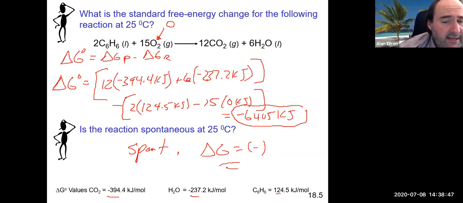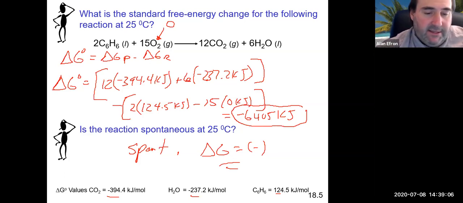If you calculate delta G and it's a positive number, non-spontaneous. If it's a negative number, it will be spontaneous. So this reaction should proceed from reactants to products the way it's written. And you might expect that, since this looks like a combustion reaction, and usually those occur pretty easily, right?